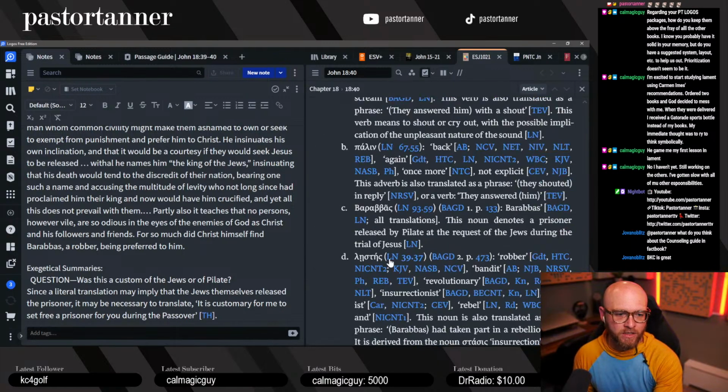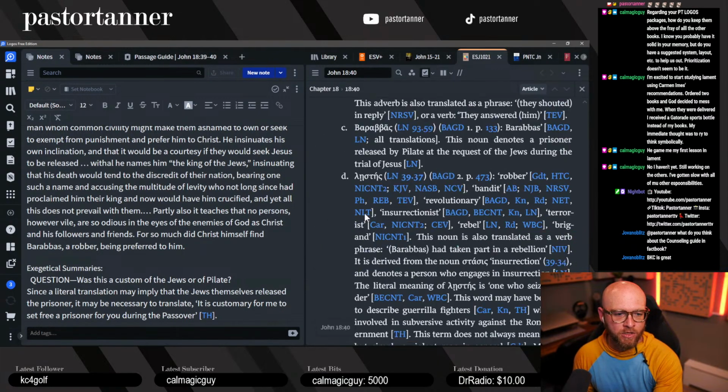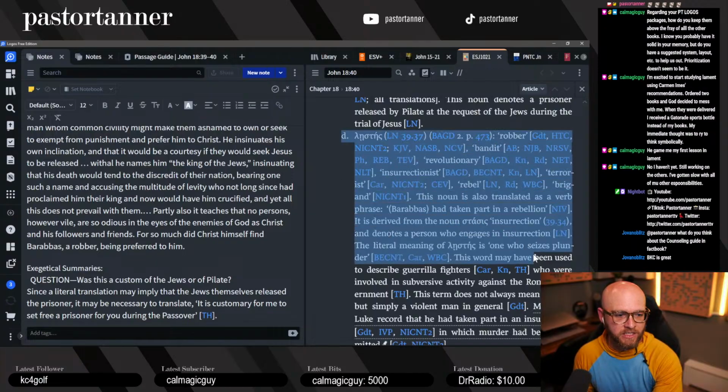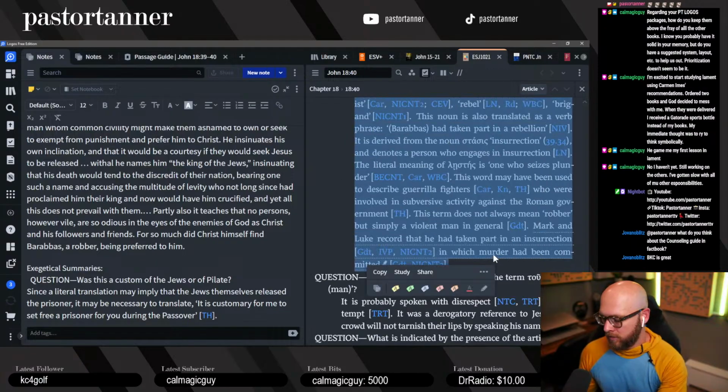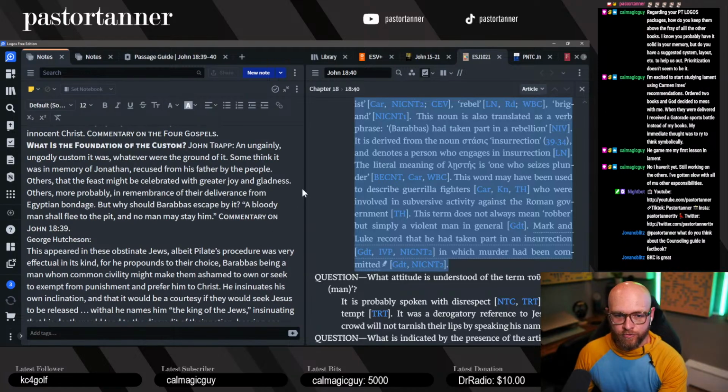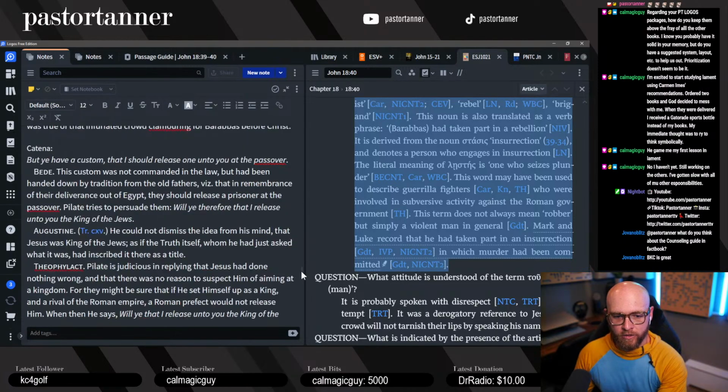Okay, verse 40, again, good lexical information. We could probably grab everything here under lay stace. That's going to be handy, right? So we'll just throw this up in our word study that we had from earlier.